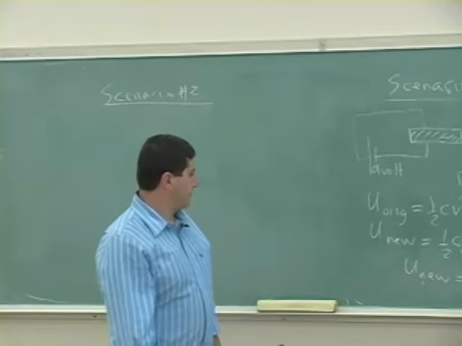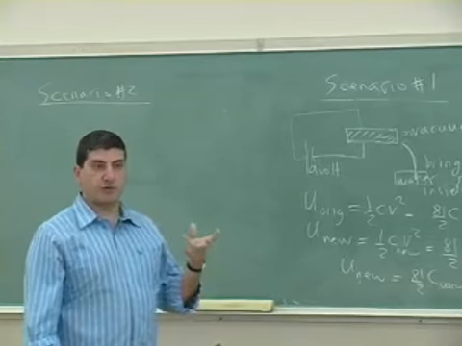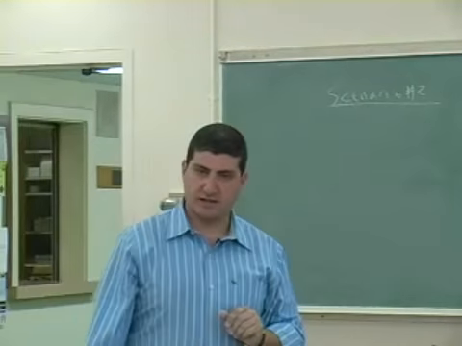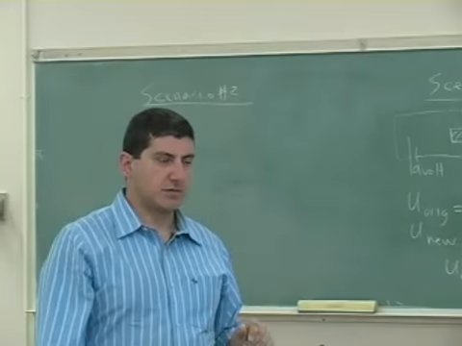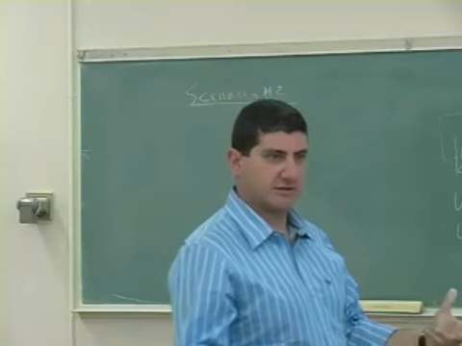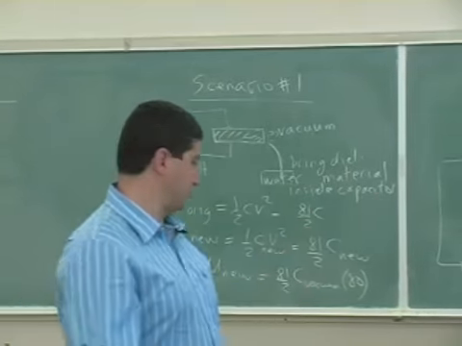Okay? So do systems like their potential energy going higher, or do they fight against that? Yeah, things usually like to do what? They like to have their potential energy go down, right?